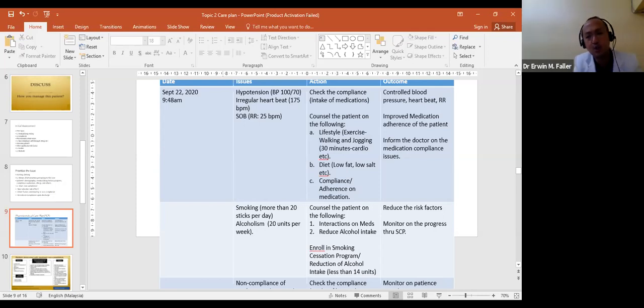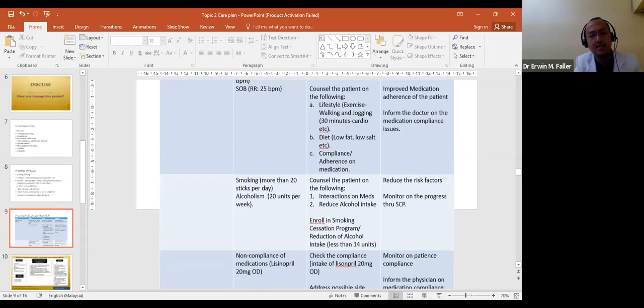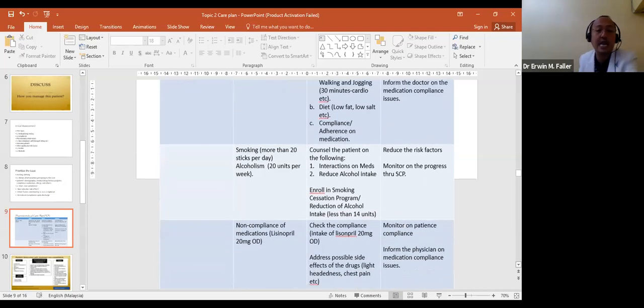Now, another issue is the non-compliance of medication, especially lisinopril. Lisinopril is a drug of choice for this kind of situation or condition of your patient, especially if the patient is having hypertension.